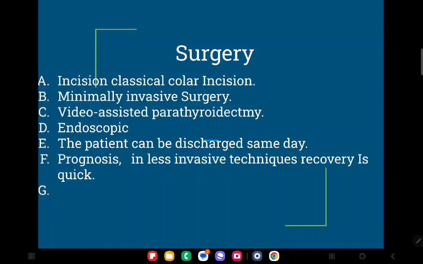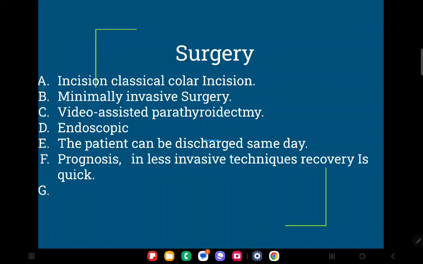You can use the endoscope to visualize. So you have 3 openings, one for the camera, one for the instrument, and another one for manipulation. The patient can be discharged on the same day.